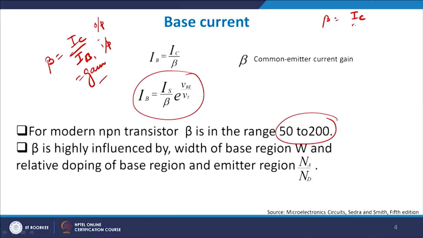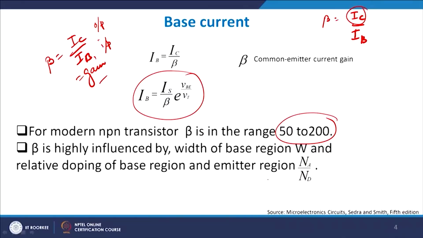Now, beta is basically IC by IB. So, if beta is typically of the order of 100, 200, 300, and so on, it primarily means that your collector current is maybe 2 orders or 3 orders higher than the base current, and this is expected also.